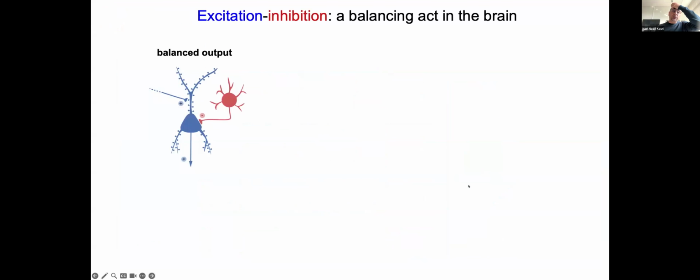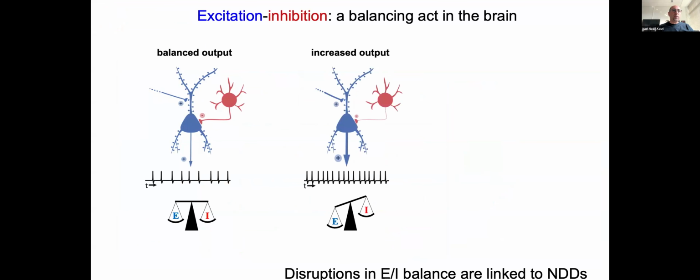Now, if we go a bit deeper on this excitation inhibition balance, I think it's an important concept in general for the field of neurodevelopmental disorders, but also within our project. So the brain, of course, consists of hundreds of different cell types, but one can reduce it very basically to two cell types that determine the output of the activity of the brain, and that's the excitatory cells here in blue and the inhibitory cells in red.